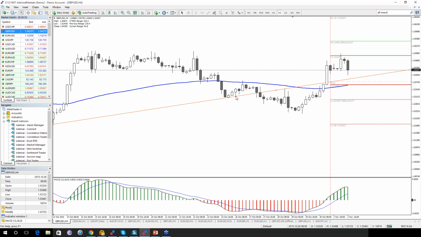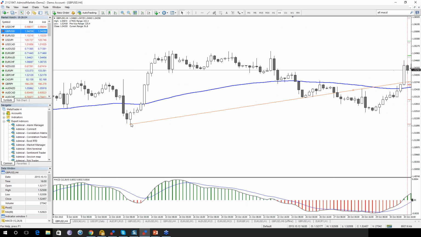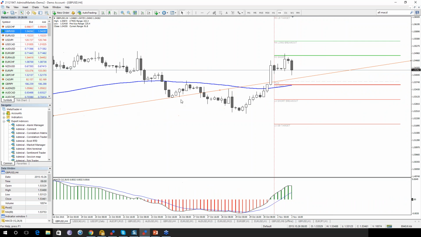Look at this and this. Up, down. So this trend line is touching point 1, touching point 2. But then there is a counteraction. It looks like a spiral, like this. This is a spiral here.